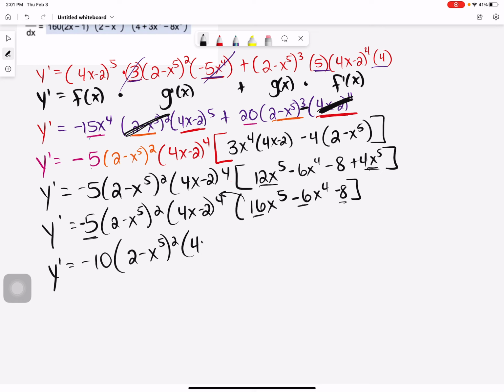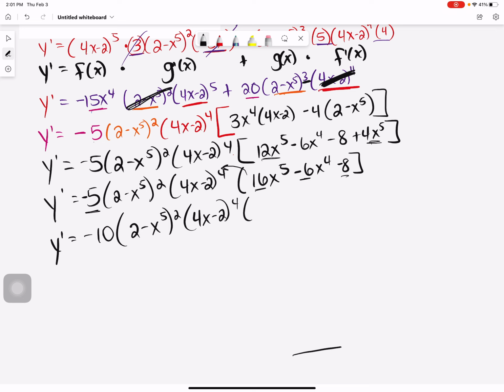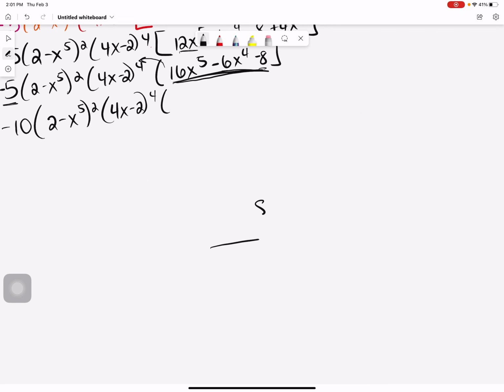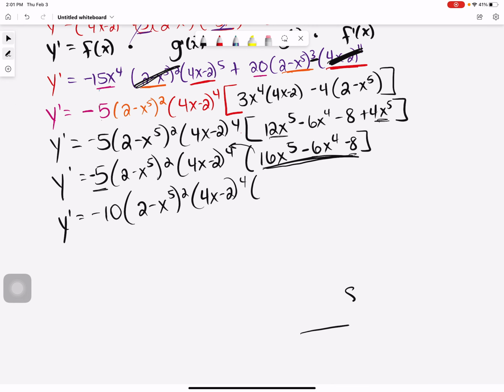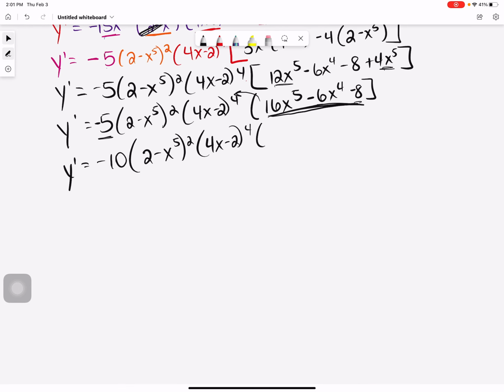I'm not changing anything with those other terms, but I am reducing all of the terms inside this bracket by dividing by 2. So that would now be, give me just a second, maybe I can finish this. That will now be 8x to the 5th minus 3x to the 4th minus 4.